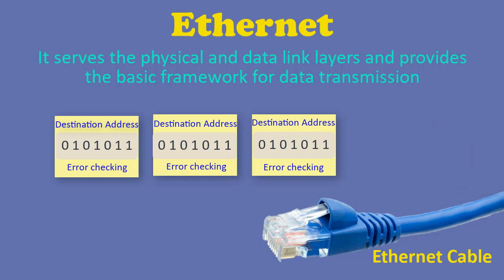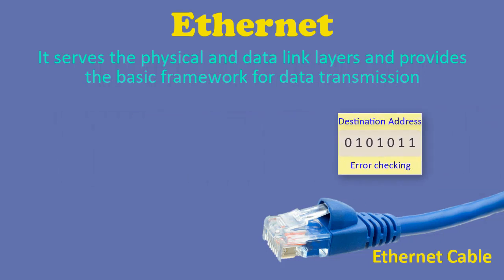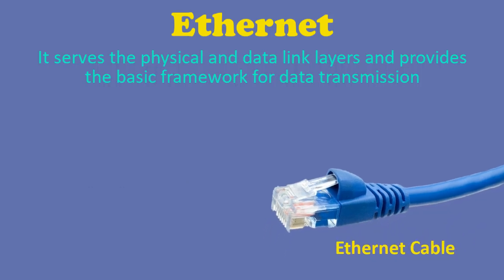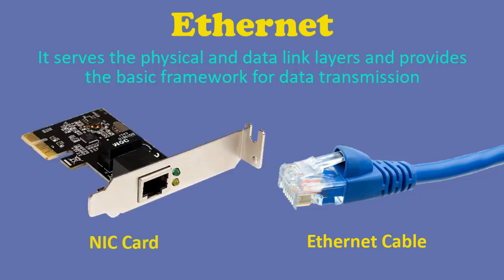These frames are then sent over a media like coaxial cable. Ethernet transmits the data in digital packets. If any computer wants to use this protocol, it should contain an Ethernet network card or NIC. The card is implemented with a unique address code fixed in the microchip.